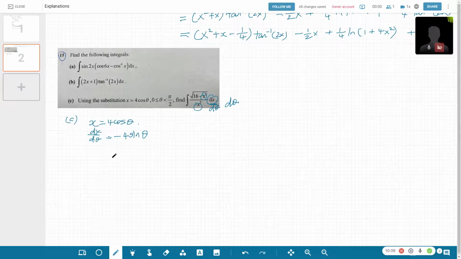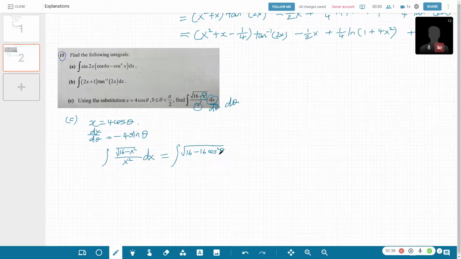Okay, so therefore, integration of square root 16 minus x square over x square dx. 16 minus x square. Now our x square is 4 cosine theta square, so it will be 16 minus 16 cosine square theta.